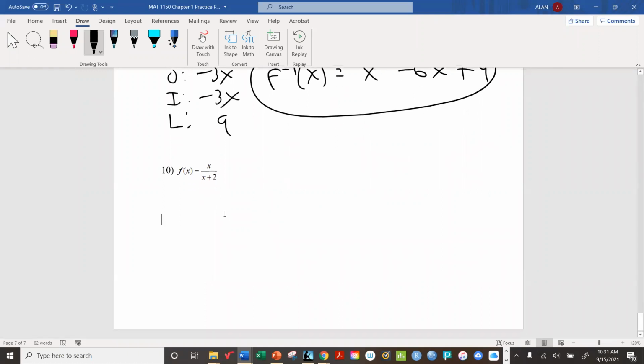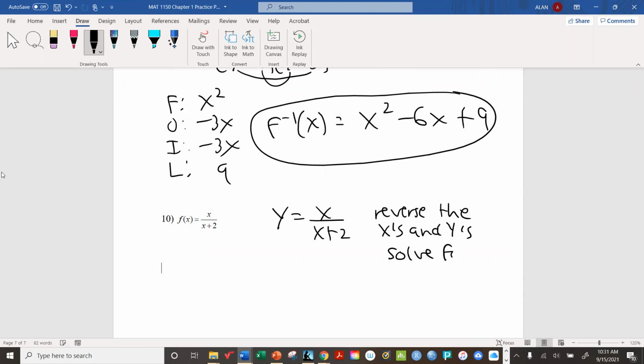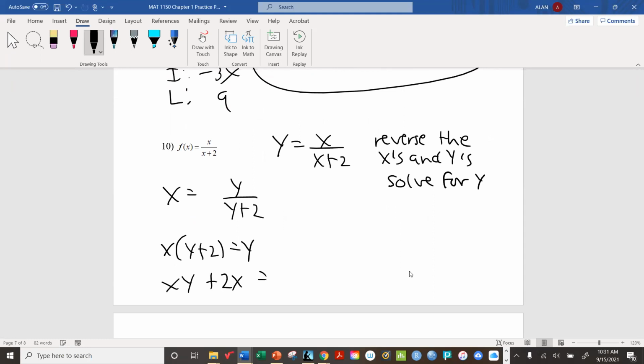here's I think this is the last one. So we'll write it as usual, y equals x over x plus 2. Reverse the x's and y's, solve for y. This one might be a bit of a mess. Now, let's see what we can do. Let's cross multiply. xy plus 2x equals y. Well, it won't be that bad.